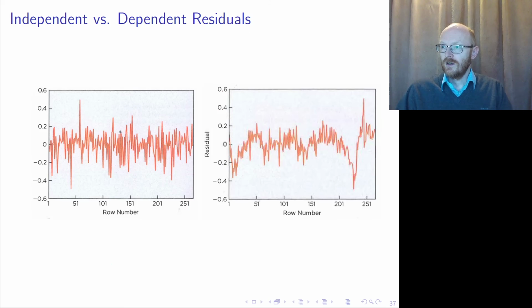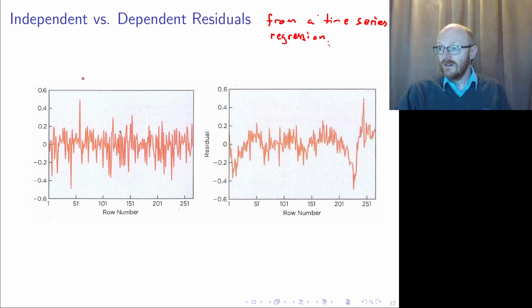Okay. So here you can see some dependent versus independent residuals, which means that they are from a time series regression. Okay. So, for example, these are independent, whereas these are dependent.